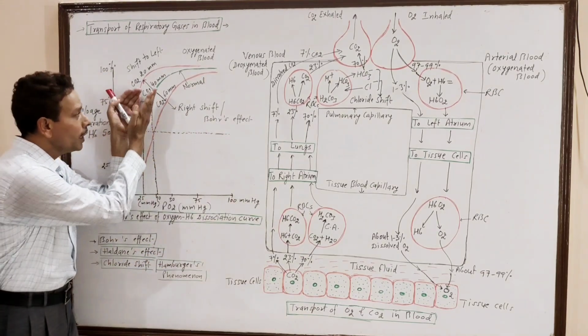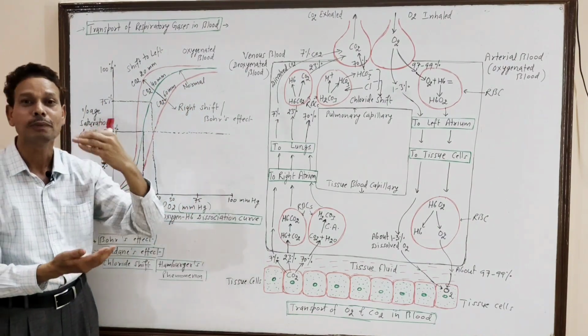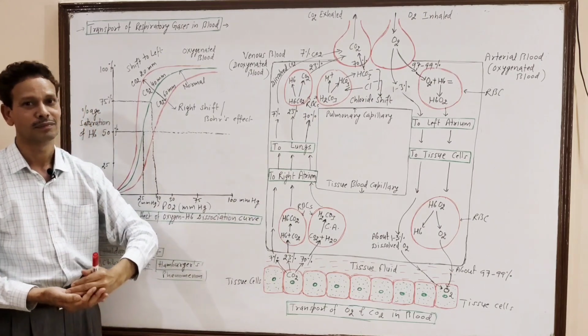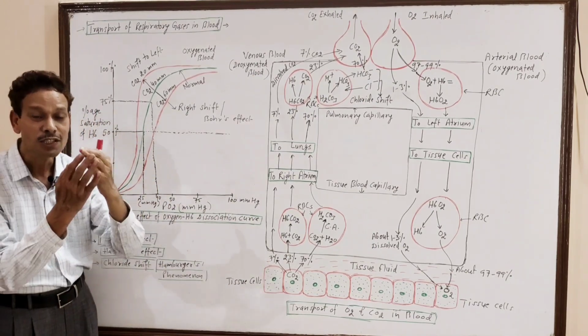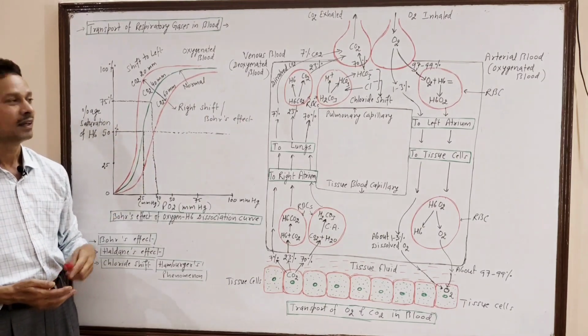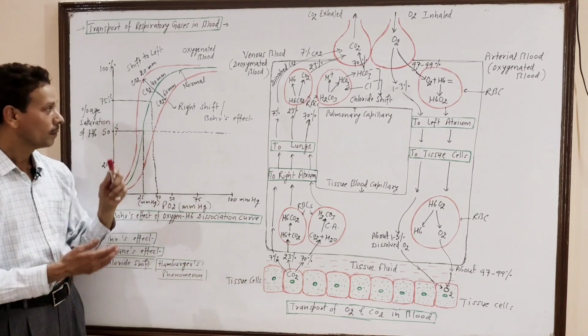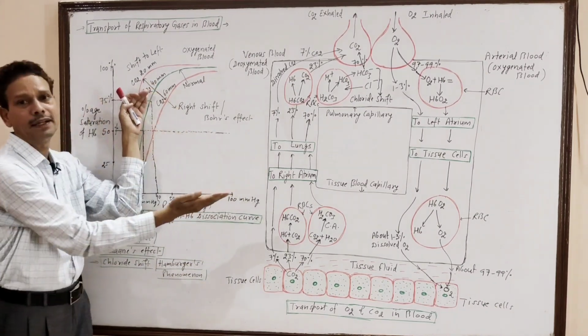Here in body tissue the concentration of CO2 increases due to high metabolism, body temperature is high, but pH is less. It dissociates oxygen, and this curve shifts to the right.